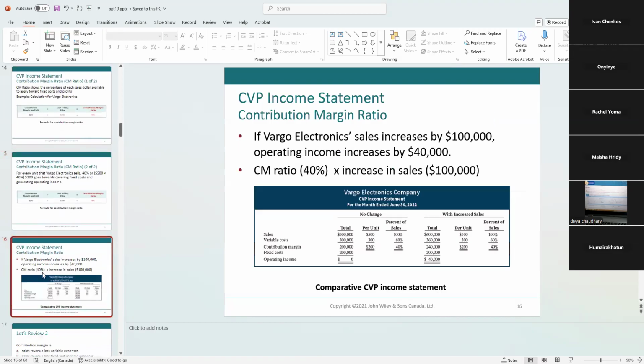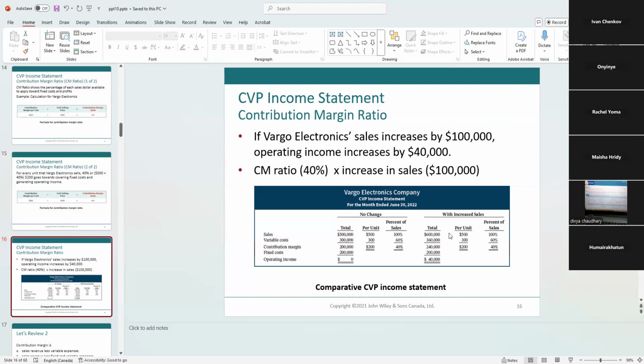So now the question is how we can calculate that contribution margin ratio. We can calculate it per unit. We can calculate it by total sales. How is this going to change? It's never going to change. Since we know the contribution margin ratio doesn't change, why doesn't it change?